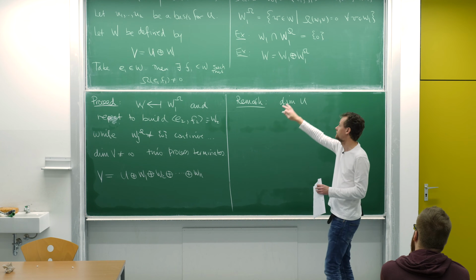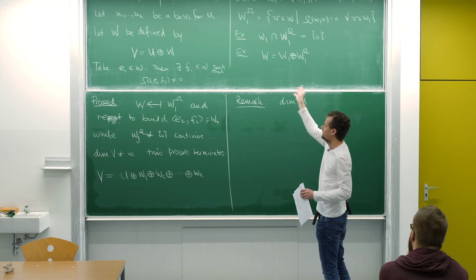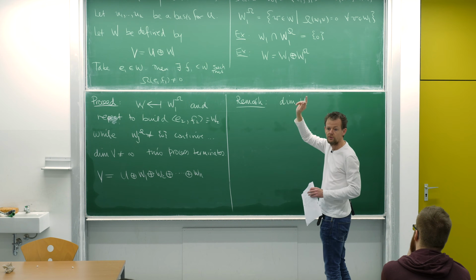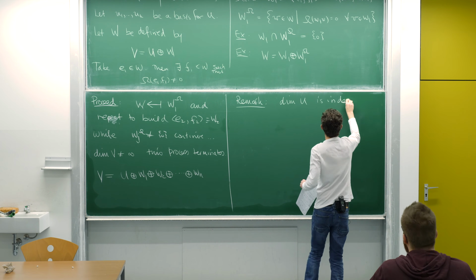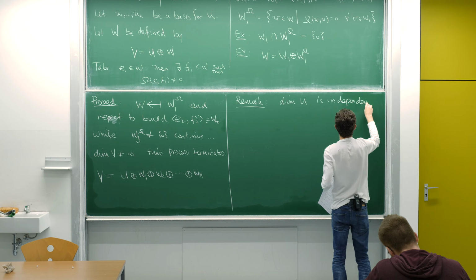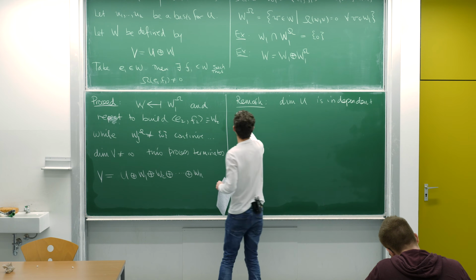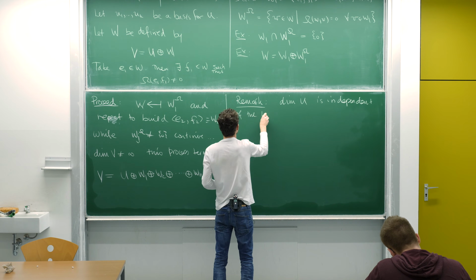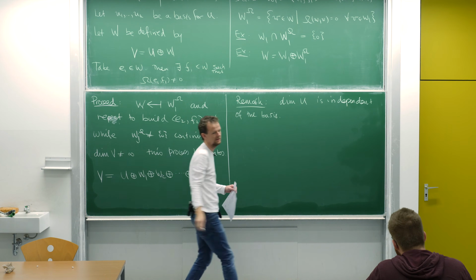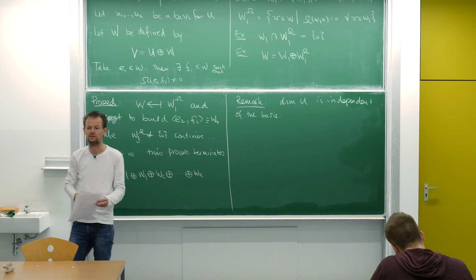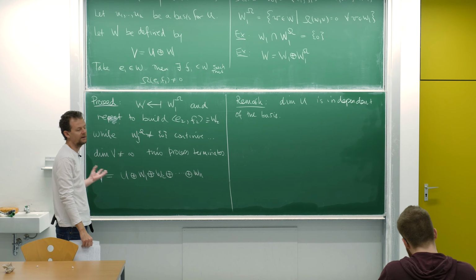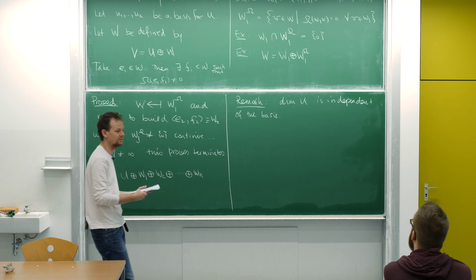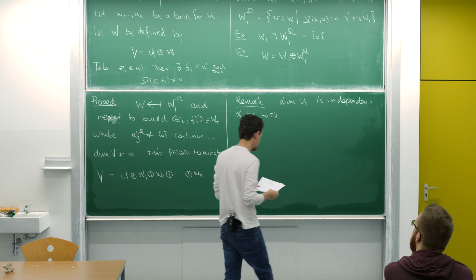No matter how we chose E's and F's, the dimension of U is independent of the basis. Right? It has a coordinate-free definition. So this integer, dim U, is somehow an invariant of these skew symmetric bilinear maps.